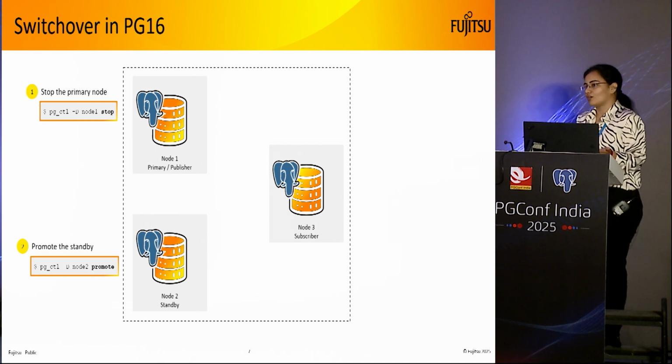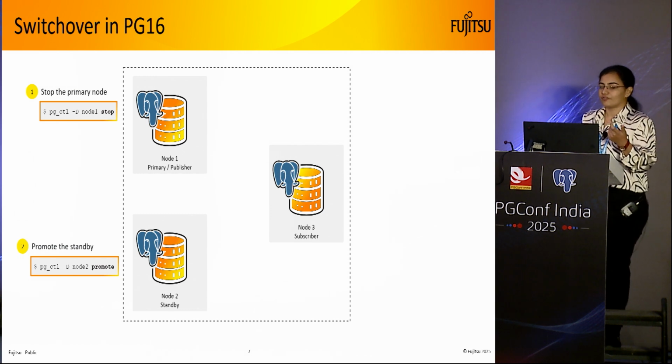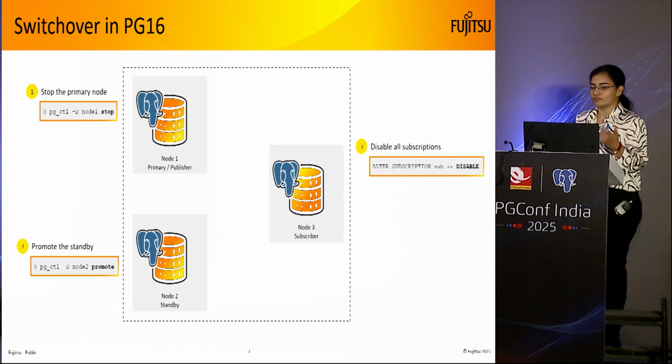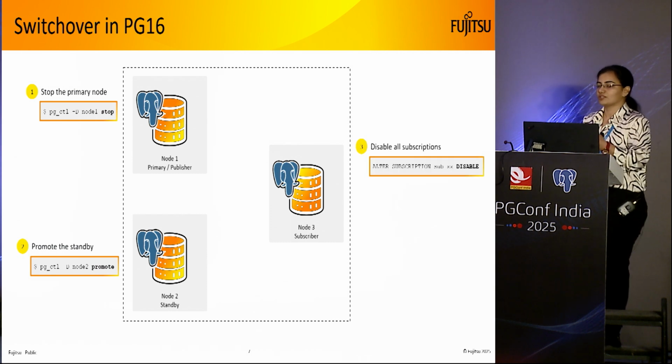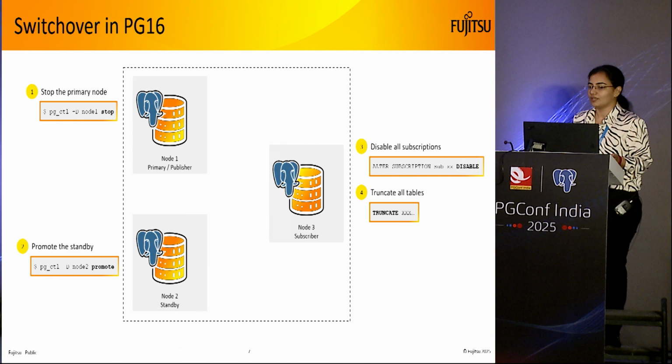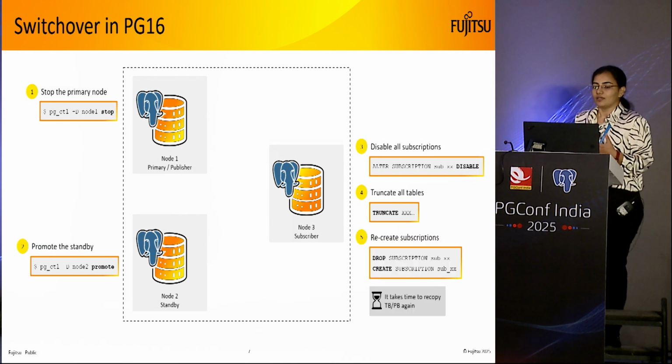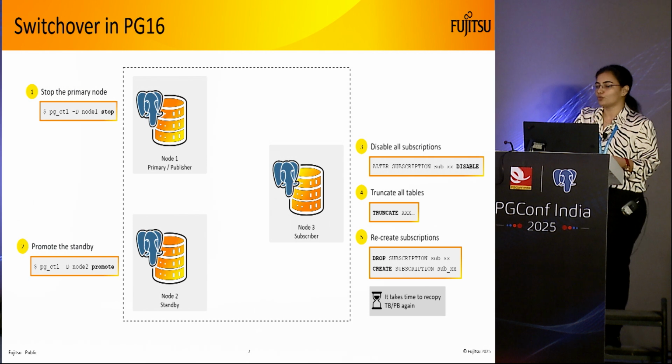So we have to follow some steps on the subscriber node. First, disable all the subscriptions, then truncate all the tables involved in logical replication, and then recreate the subscription to node 2, the new primary.